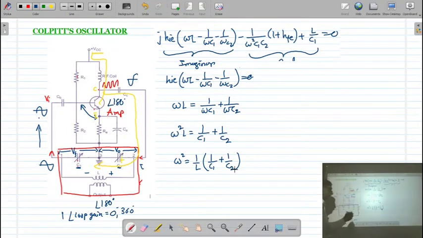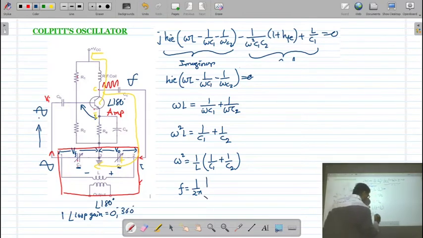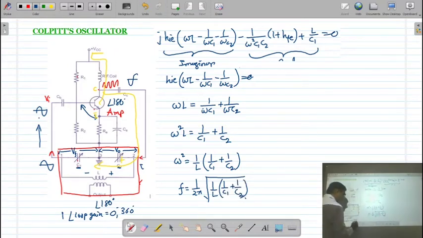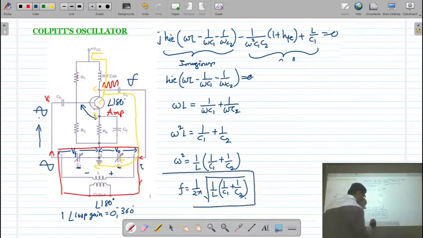So ultimately, the frequency of oscillation is 1 upon 2 pi, since omega is 2 pi f, so 1 upon 2 pi under root of 1 upon L into 1 upon C1 plus 1 upon C2. So this is the frequency of oscillation for a Colpitts oscillator.